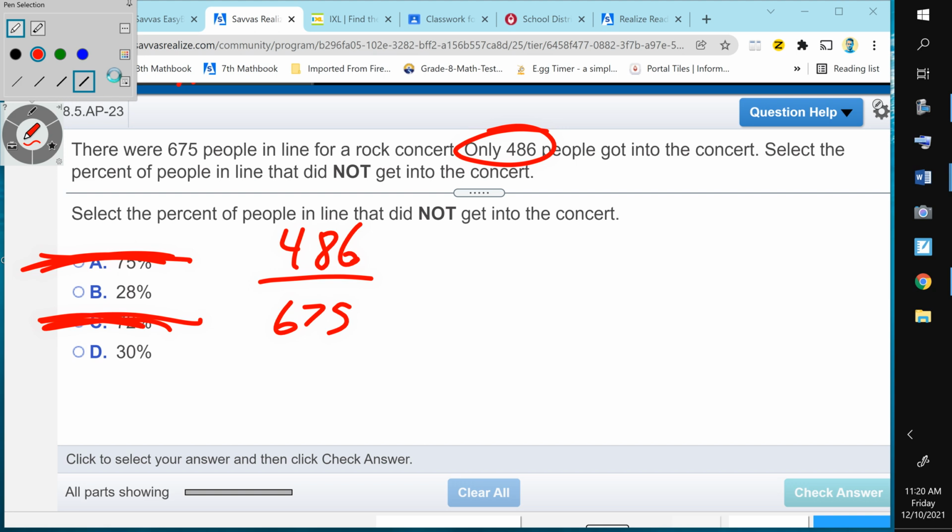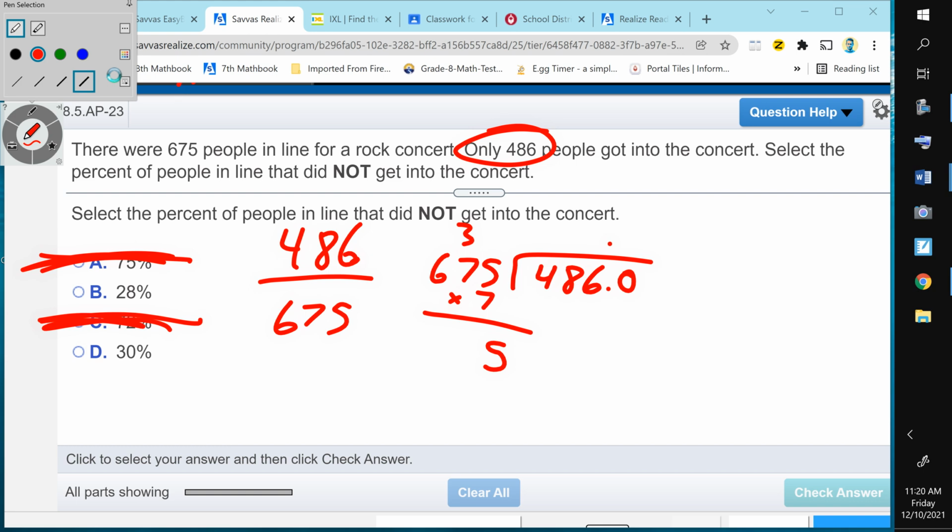So top number under the roof. I'm going to go decimal, decimal, 0. Now I'm going to guess 7. 5, 3, 49, 50, 51, 52. 42 plus 5 is 47.